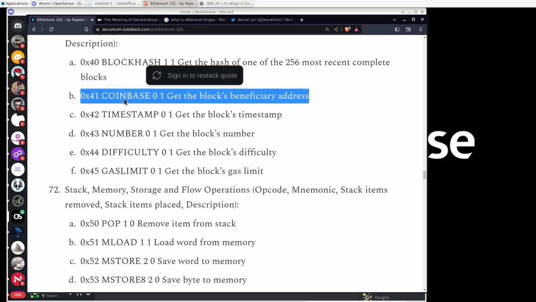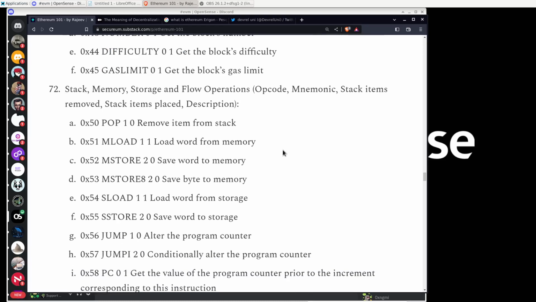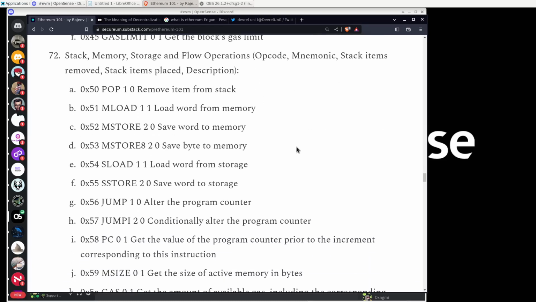So whenever you see block coinbase, it is the miner that effectively mined that block. Timestamp gets the block timestamp, number gets the block number, difficulty gets the block difficulty, gas limit gets the block gas limit. So this is all 0x41, 42, 43, 44. So now when you guys see bytecode, maybe you won't be so scared anymore.